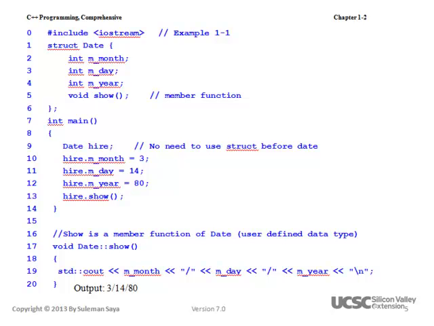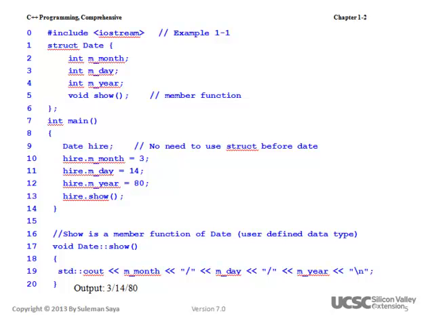You see those two colons, which are called the scope resolution operator. So the compiler is notified that the show function is a member of the date struct.